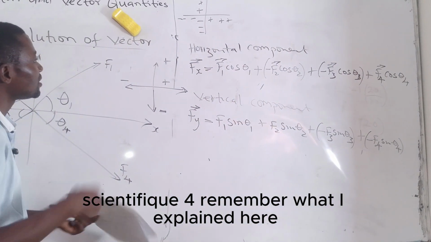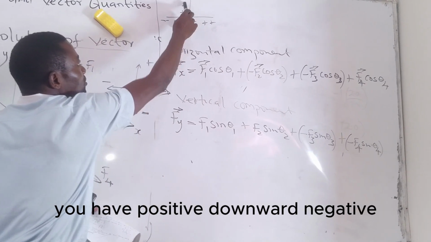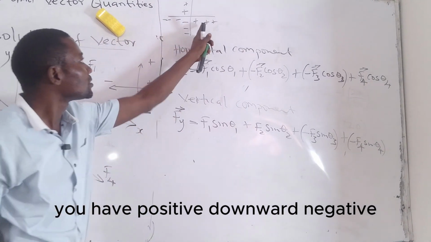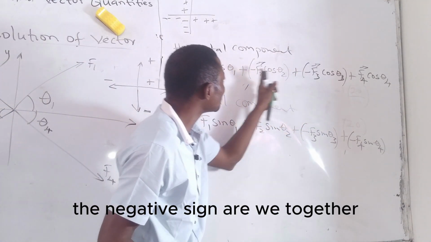Remember what I explained here about the sign: if you are resolving towards this direction, you have positive, and downward is negative. That is why we see the negative sign. Are we together?